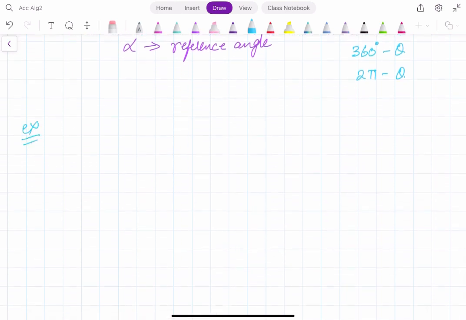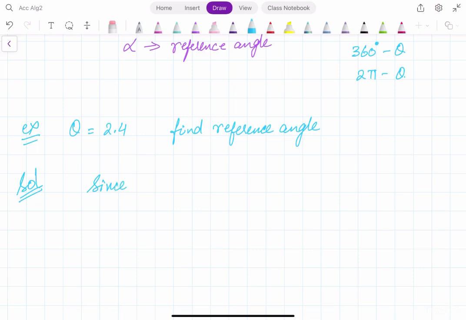Let's take one example. So theta is given as 2.4. Find the reference angle. Now here's the thing. Theta is just standing alone as 2.4. It doesn't have a pi symbol to represent the radian. It doesn't have a degree symbol.